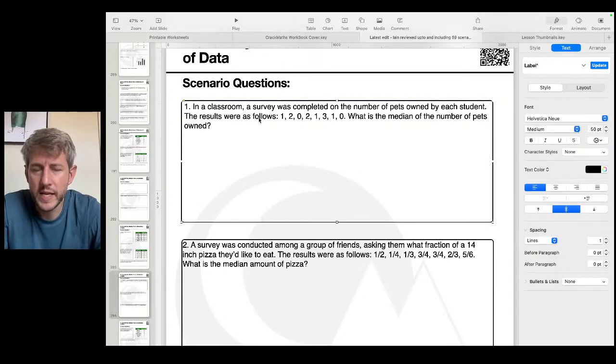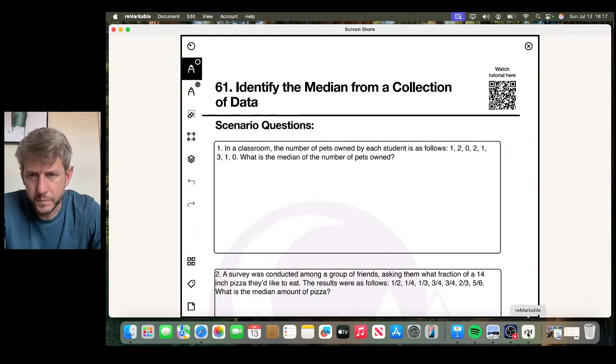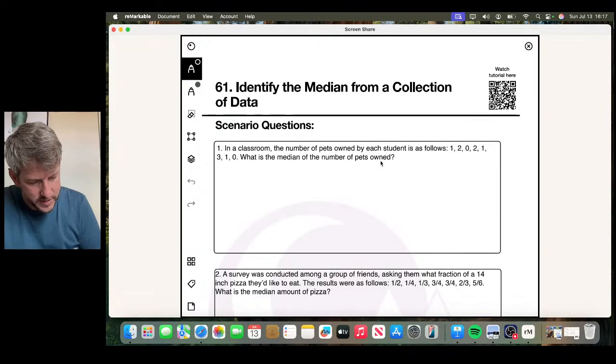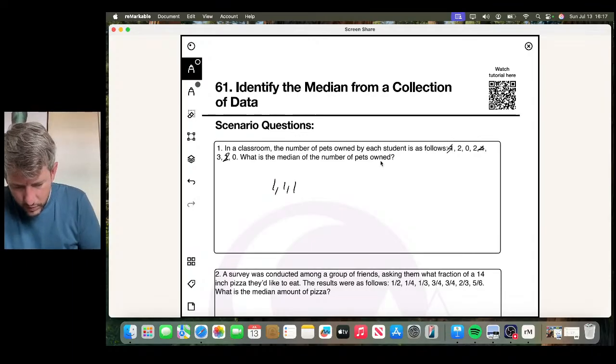Let's double check that again. Yeah, it should be was. Okay, the results were as follows. Perfect. Right, here we go. We've got to find the median, so we've got to put them in size order. So we've got 1, 1, 1. Oh, we've got 2 zeros.